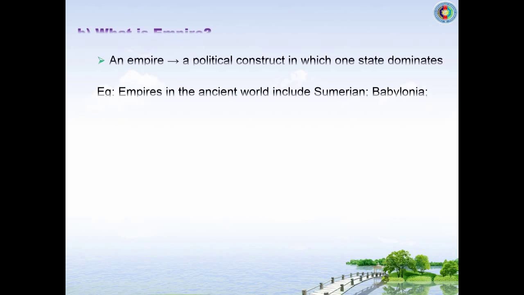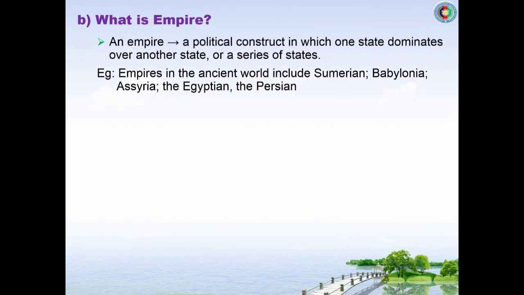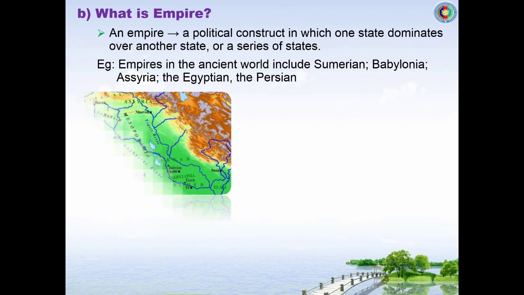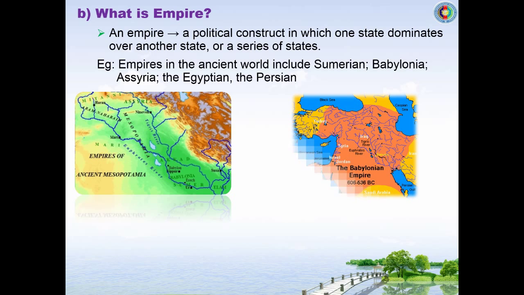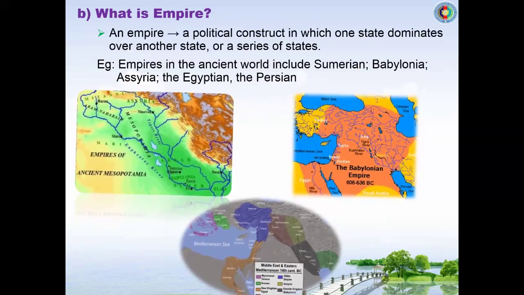Whereas an empire is a political construct in which one state dominates over another state or several states. An empire is ruled by an emperor, even though many states in history were without an emperor as their head. They were also called empires. A group of nations or people ruled over by an emperor or empress or other powerful sovereigns or governments.